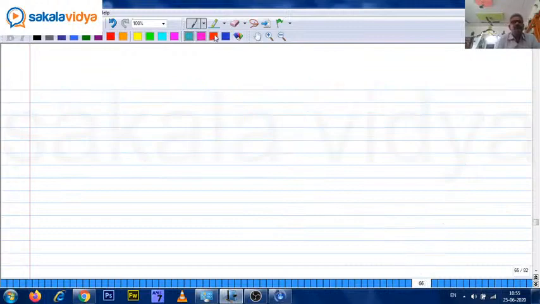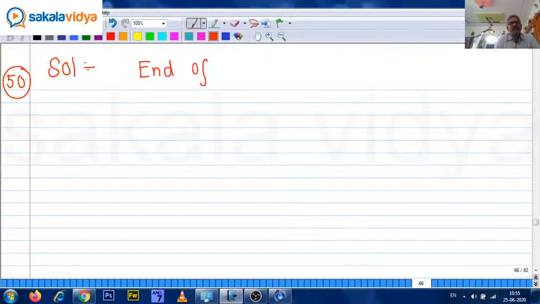Question 50 solution. First, write down the end of the latus rectum. The ends of the latus rectum are everybody knows: L is a comma 2a, and the other one is a comma minus 2a in the fourth quadrant.